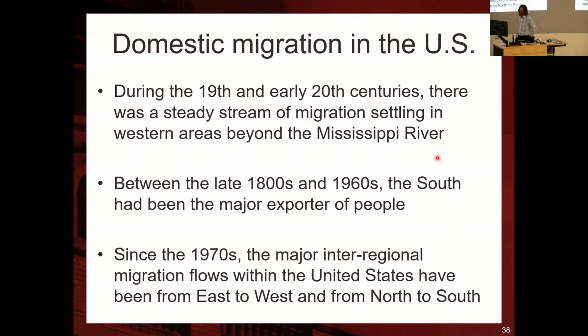And between the late 1800s and 1960s, the South was the major exporter of people. A lot of people left the South and went to the northern areas of the US, both the Northeast and also the Northwest. But more recently, since the 1970s, the major interregional migration flows within the US have been from east to west and from north to south, right?